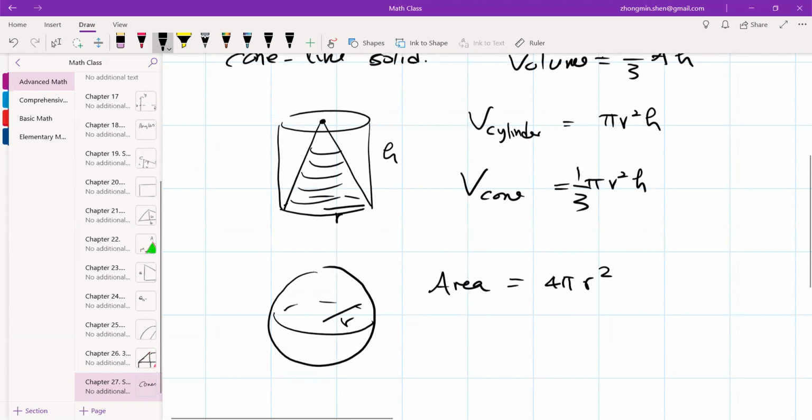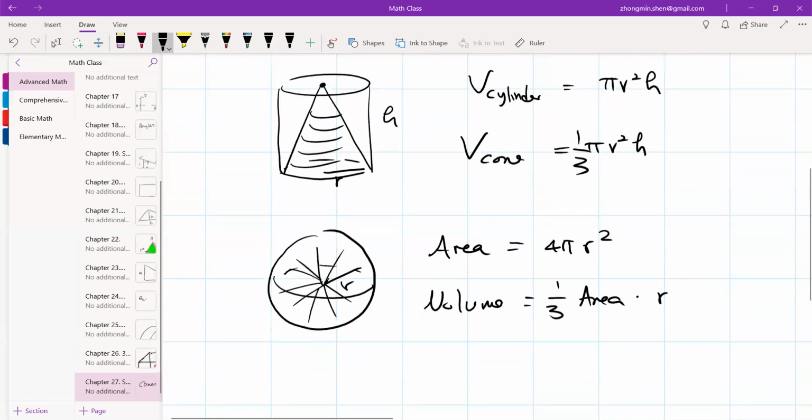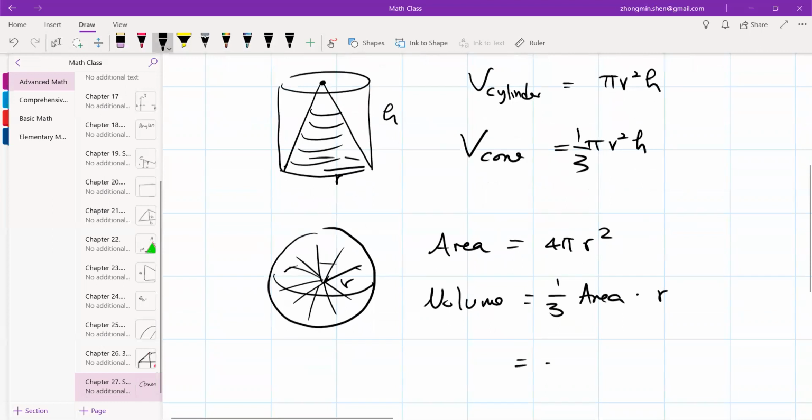Now you can also view the sphere as some kind of a cone, but this time the base is the sphere, not a flat circle. It goes from the center to all sides. So the volume is actually 1/3 of the area times r, which is 1/3 times 4 pi r squared times r, so 4/3 pi r cubed.